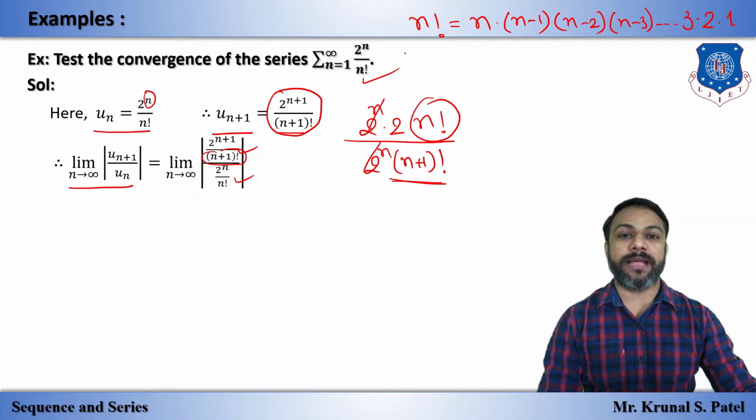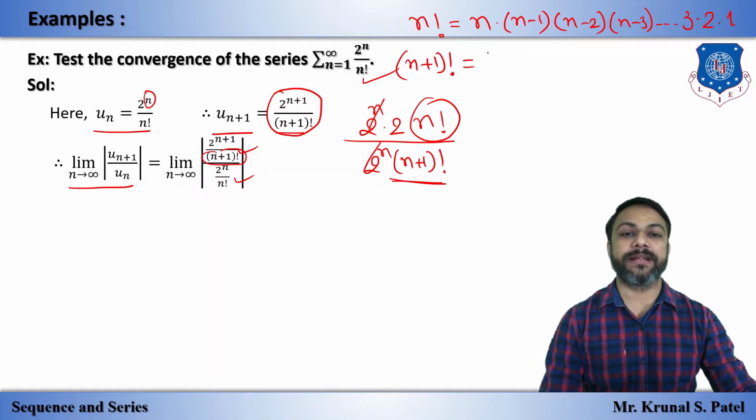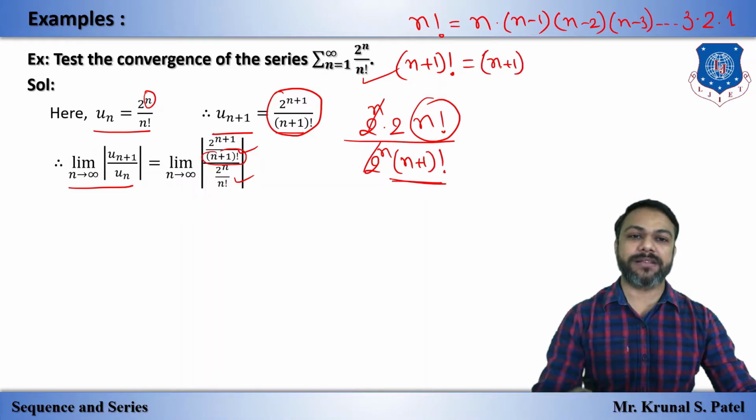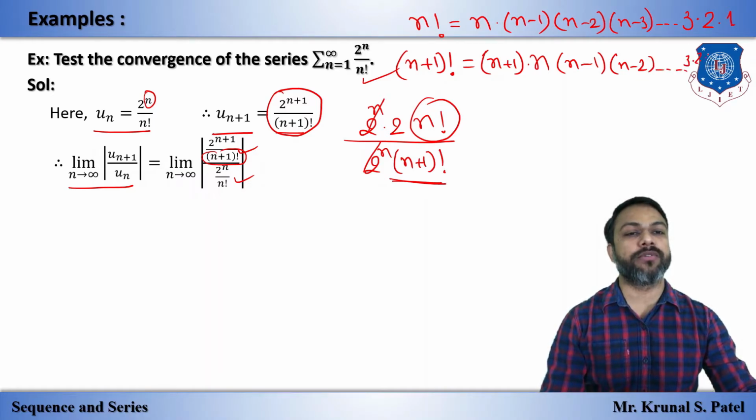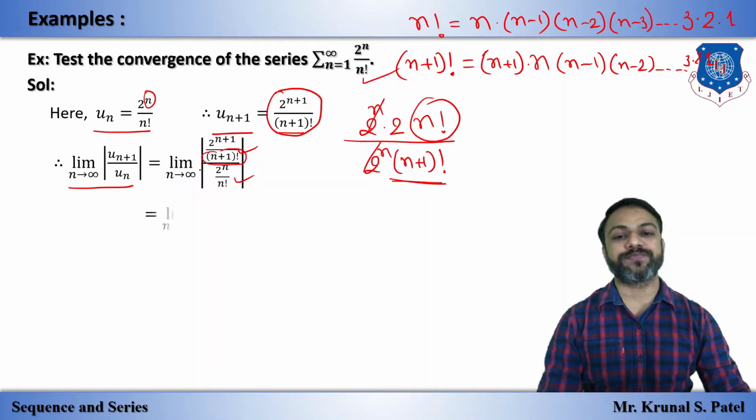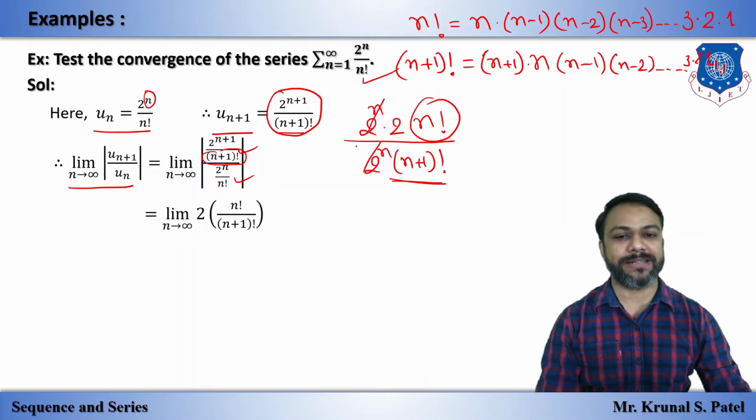If we start from n plus 1 factorial, then we start with n plus 1, then n, then n minus 1, then n minus 2, up to 3 into 2 into 1. So we will apply that concept only.